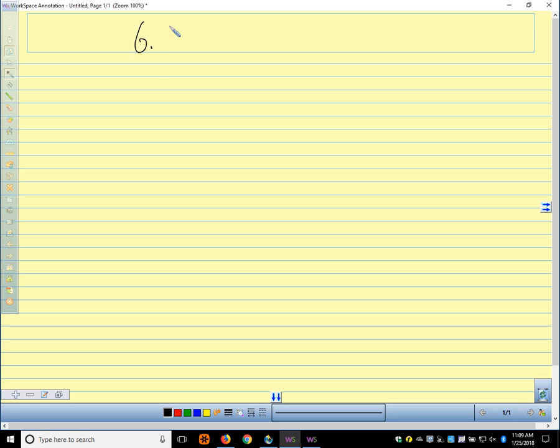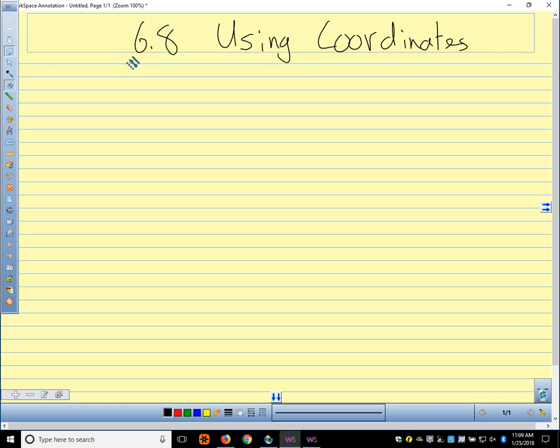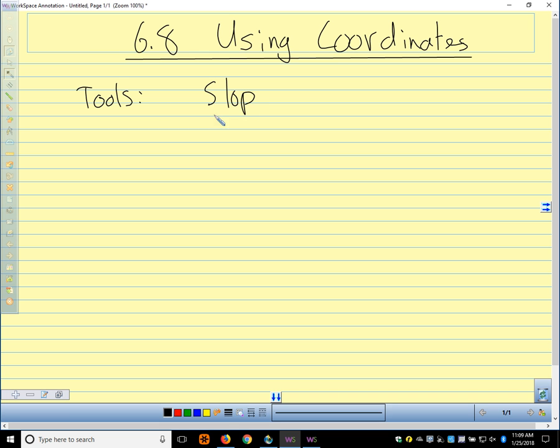In section 6.8, we're just going to talk about using coordinates. So just a reminder about our tools. We have some tools that we talked about the other day. Our tools are slope. Well, let me back up one thing. We need our points.